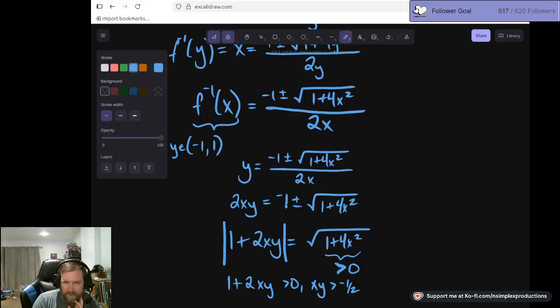Now that's saying a lot, so don't worry too much about it just yet. Negative 1 minus 2xy is going to be less than 0, which is just the same stuff.